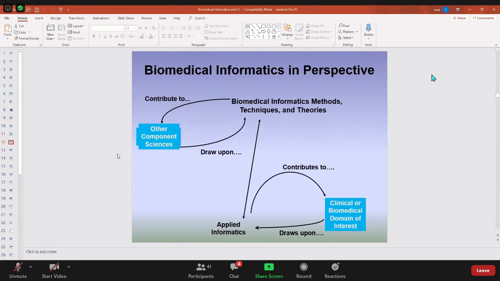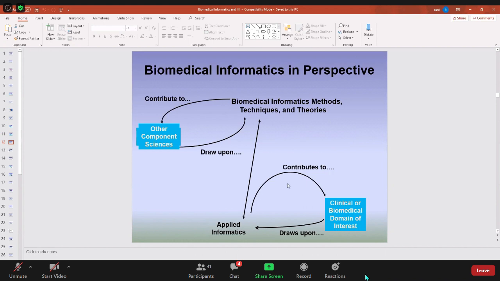So you look at how this particular component contributes, or what are the other components that contribute to biomedical informatics, and you can see that biomedical informatics methods, techniques, and theories actually come from applied informatics, okay, and then the other component sciences actually contribute to biomedical informatics, and the outcome of biomedical informatics will then contribute back to other sciences.